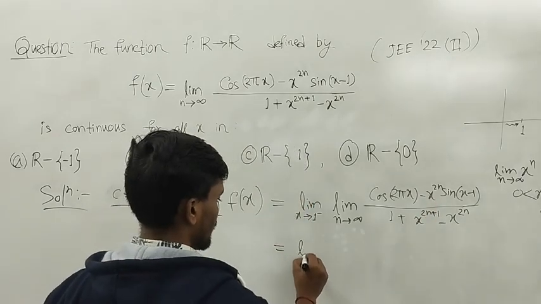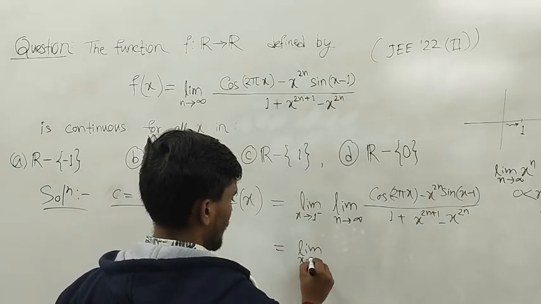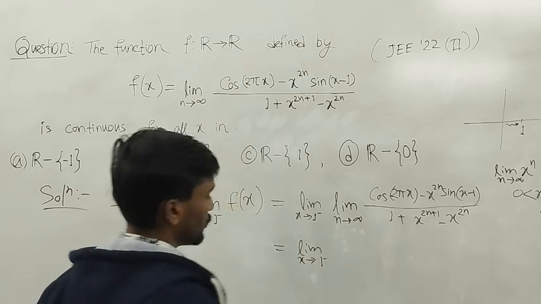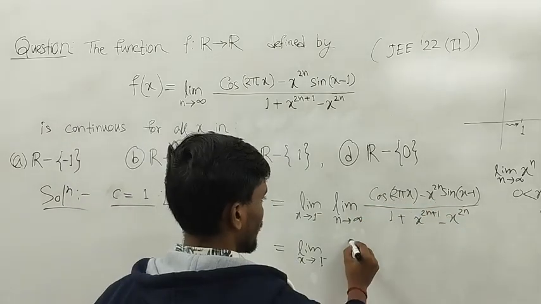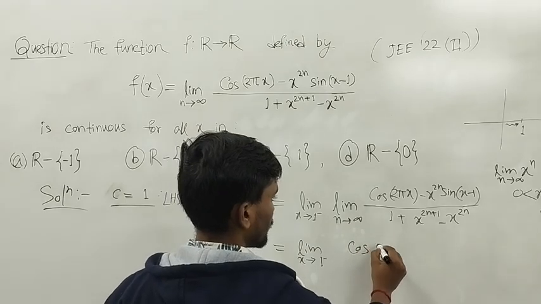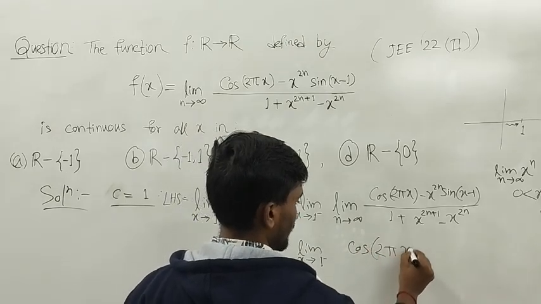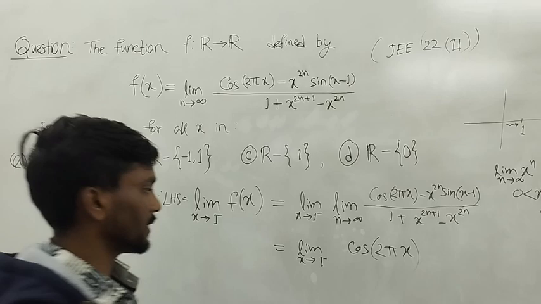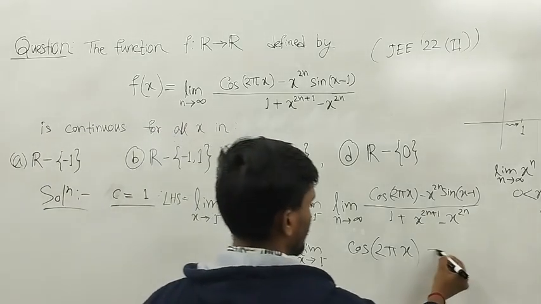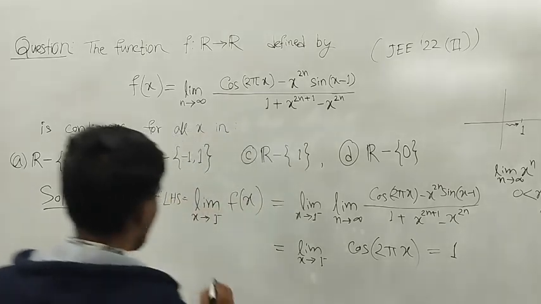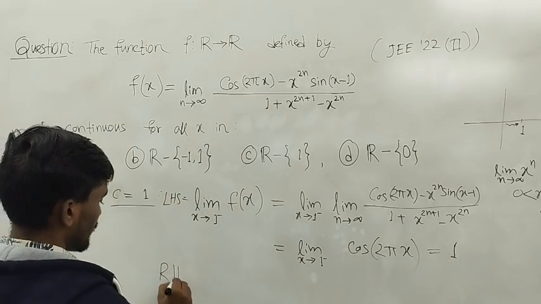That means for the limit as x tends to 1 negative, these terms will vanish. We'll get this term only. If I put x is equal to 1 here, we'll get 1.